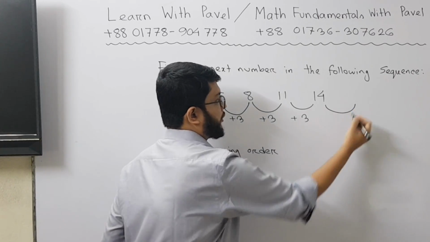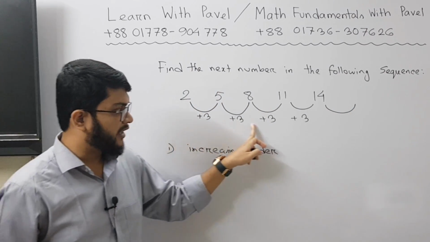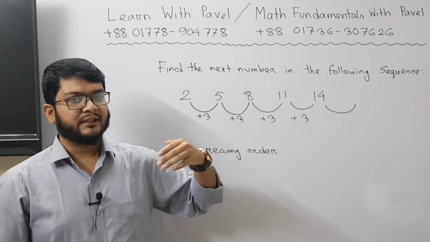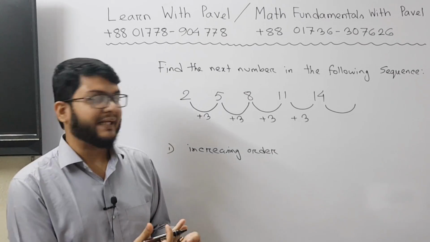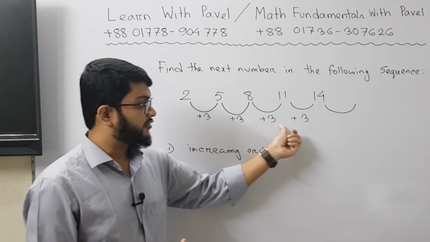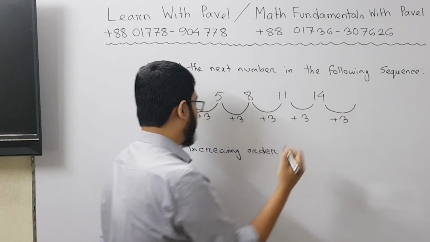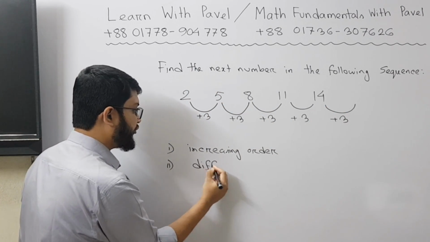We can say that the next difference should also be 3 because every time the difference is the same, there is no change. If something is changing, then we will see in which way it is changing, but here the difference is not changing.